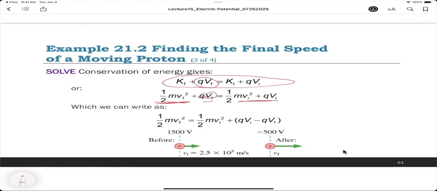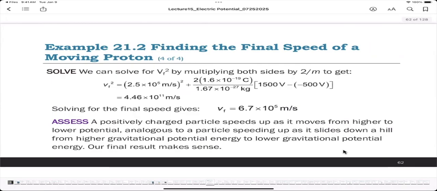Which we can write as this one. You put this one and this one into here, and you get this equation.